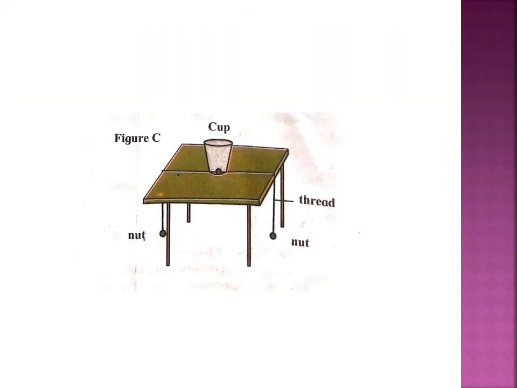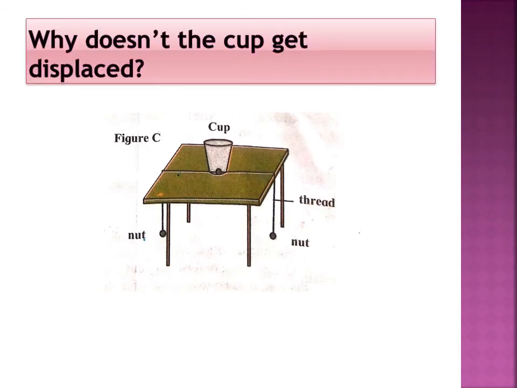As shown in figure C, keep the cup at the center of the table and leave the two nuts hanging on opposite sides of the table. Now what we have to find out here is, why doesn't the cup get displaced? On both sides of the table, there is a thread, so the force will be applied by the nuts and the force will be the same.